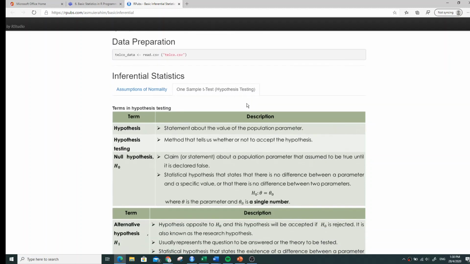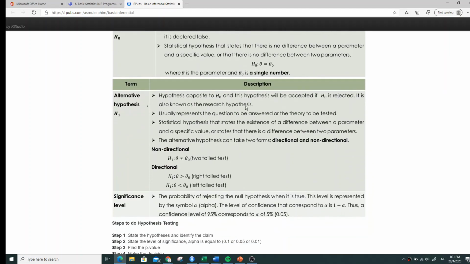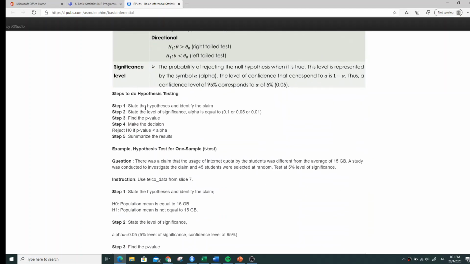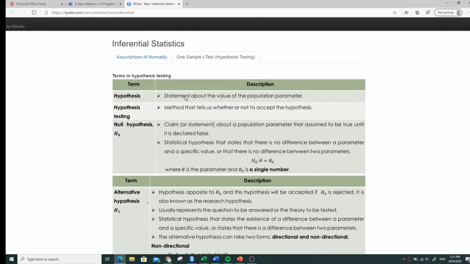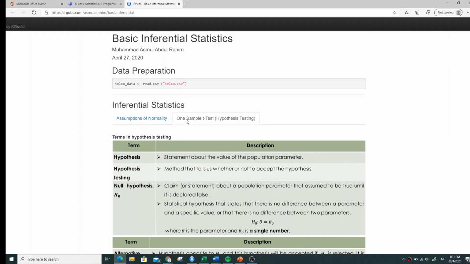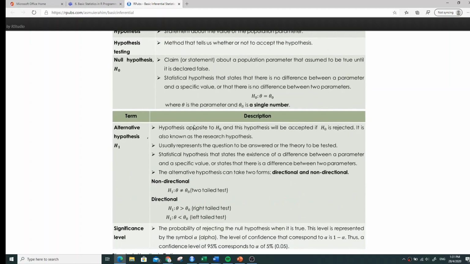But the way that I want you to write when you answer this hypothesis testing is by following these steps. When we discuss hypothesis testing in statistics, you must have two types of hypothesis, which are null hypothesis and alternative hypothesis.